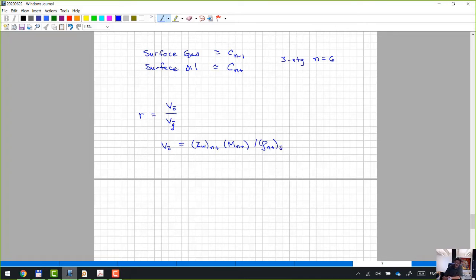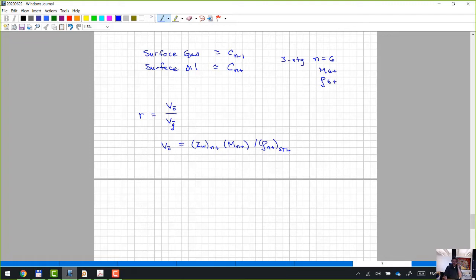Okay, so this density, I'll just write it as a stock tank liquid. So you basically need the molecular weight of, for example, the C6 plus. So you would need the molecular weight of C6 plus, and the API of the C6 plus, or the density of the C6 plus to get its density approximation.